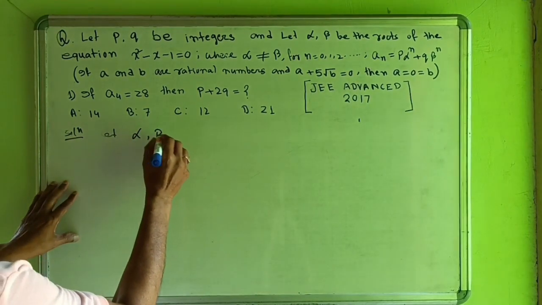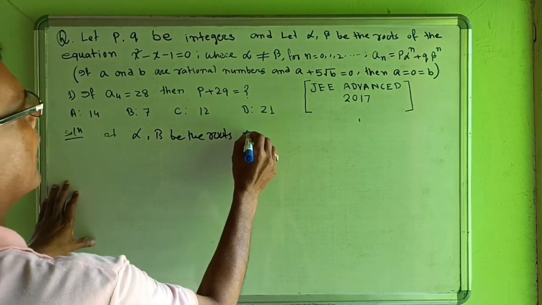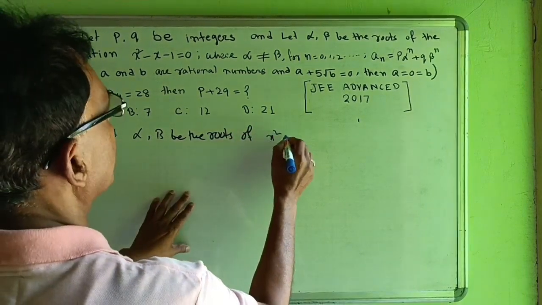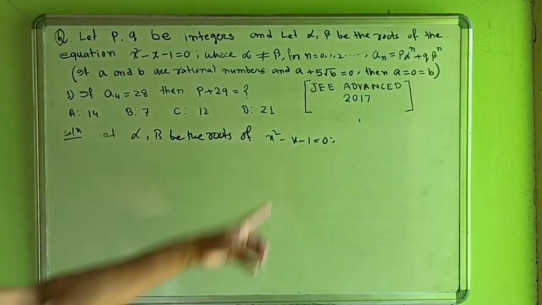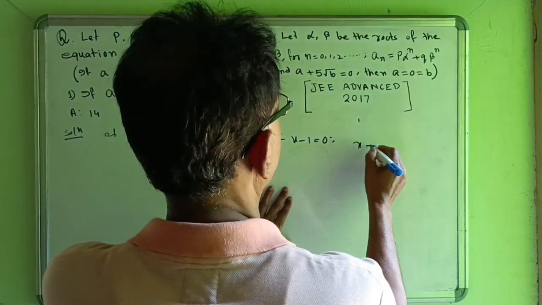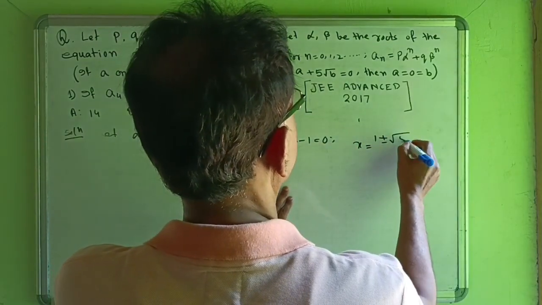Let alpha, beta be the roots of x square minus x minus 1 equal to 0. If we solve this, then we get x is equal to minus b, that is 1, plus minus root over b square, that is 5, by 2.